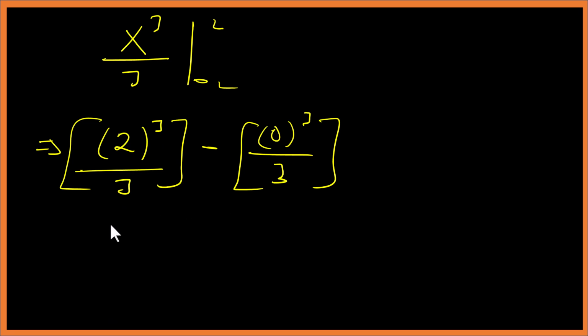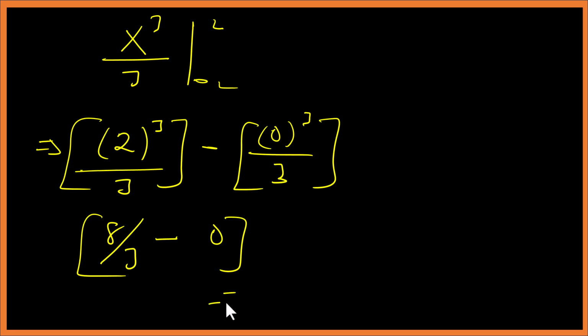So this side will be 8 on 3 minus 0, which will be 8 on 3 square units.